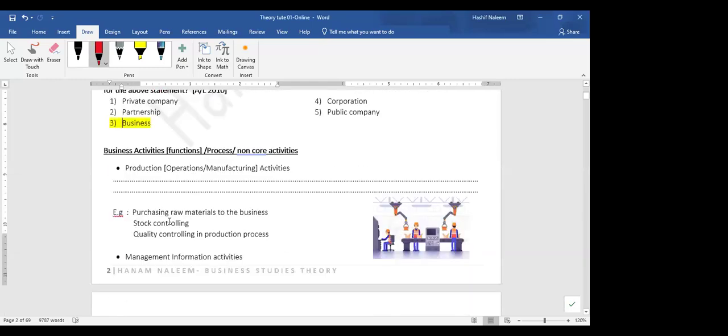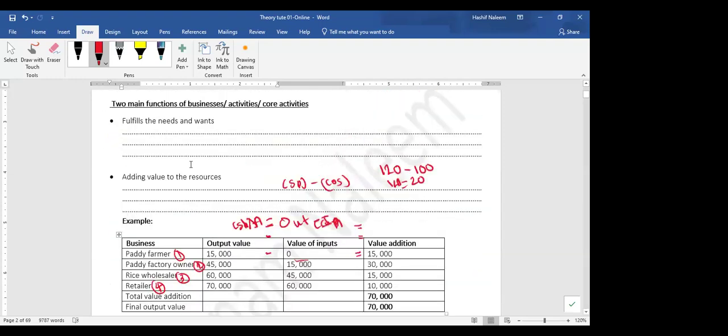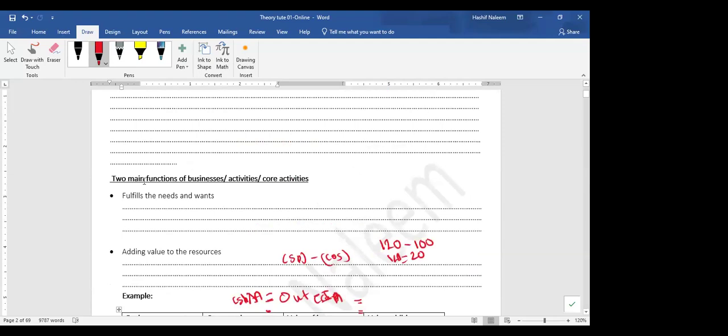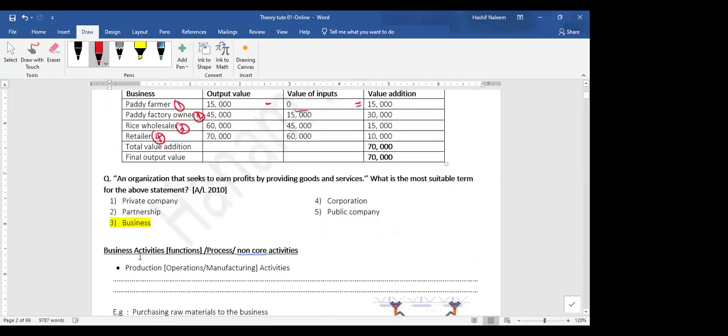So the next topic is an interesting topic. See, business activities, functions, process, or non-core activity. Okay, you may think, sir, this topic is somewhat similar to the previous topic. No, guys, these are for main. These are the core, the main thing. But here it's not main. What I'm saying, just business activity, it can be like secondary.